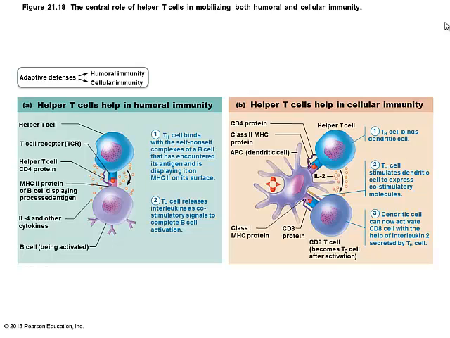Those cells are actually going to cause problems to other cells. So, not only do we have to coordinate the cells that are going to help get rid of antigen-antibody complexes, we also have to help coordinate cells that are actually going to do some damage as well. So, activating CD8 cells is also the job of CD4 helper cells.